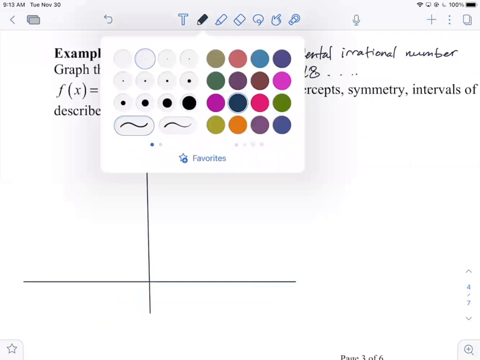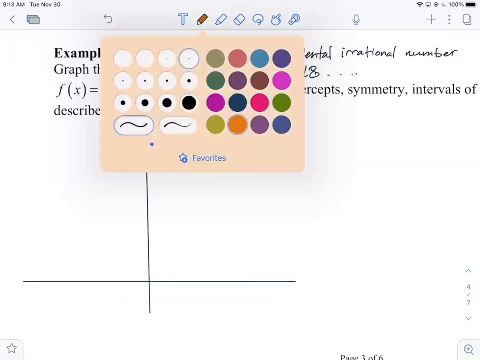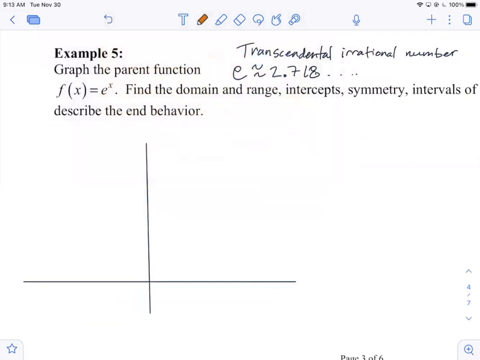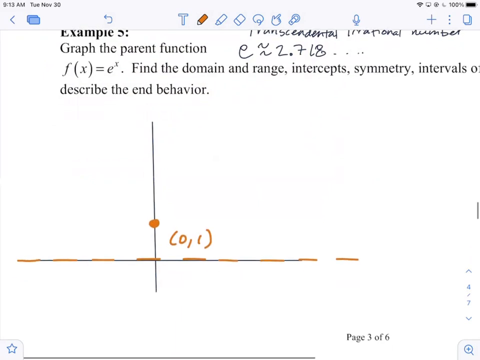So let's go ahead and get the common characteristics that we know we're going to have. I'll use orange here. So we know that we're going to have a horizontal asymptote on the x-axis, and we know we're going to pass through the point (0, 1). And now because it's growth, all you've got to do is draw it coming from here, passing through there, and then it grows very, very rapidly.